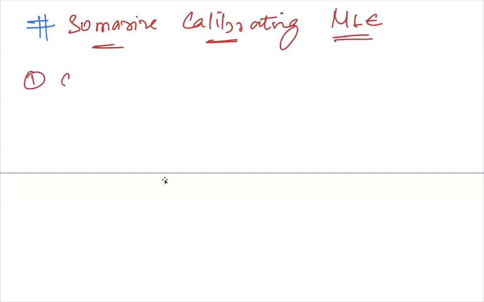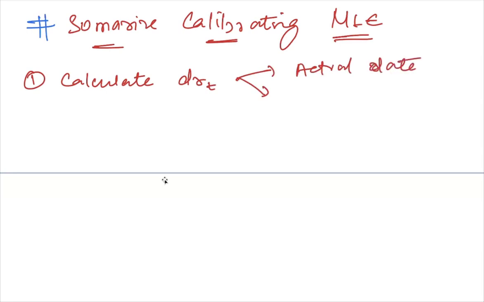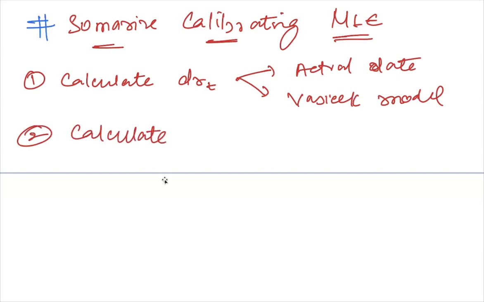First, you calculate the interest rate changes using both your actual interest rate data and the Vasicek model. This is the first step. Second step is to calculate the error term. You can say calculate the residual, or the error between the actual and the Vasicek model.